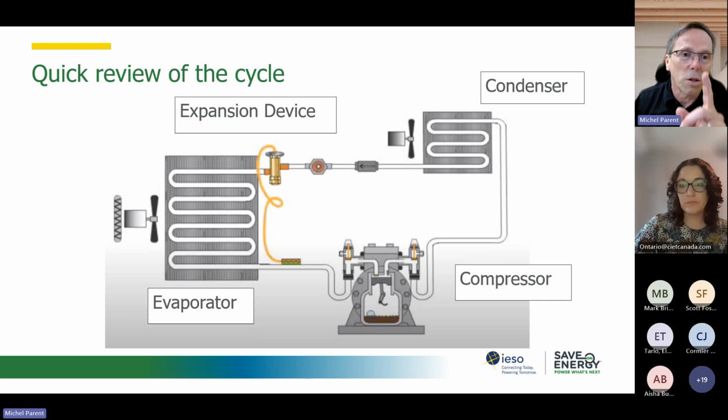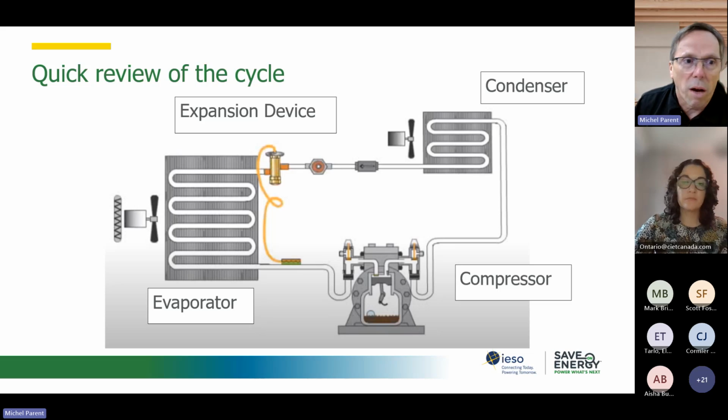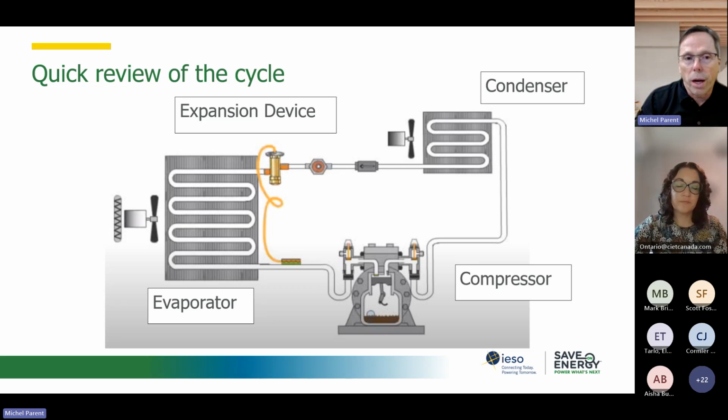So you've got your compressor, you have some form of heat rejection, which is the condenser, you have some form of expansion device. Here we have a very standard DX, direct expansion device, and you have your evaporator, which can produce chilled water, which can produce cold air depending on the type of system.